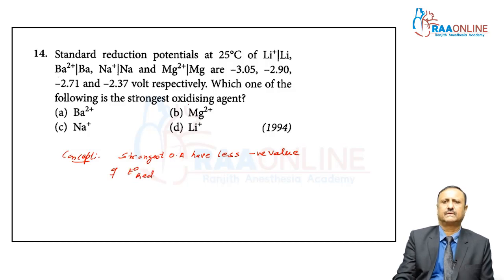So here you can see minus 3 for lithium, minus 2.9 barium, minus 2.7 sodium and minus 2.37 magnesium. So my dear students, Mg plus 2 is the answer to your question, and this is the concept.